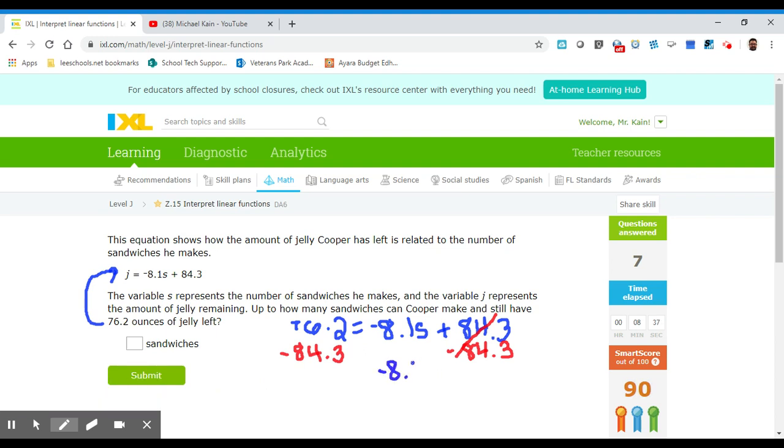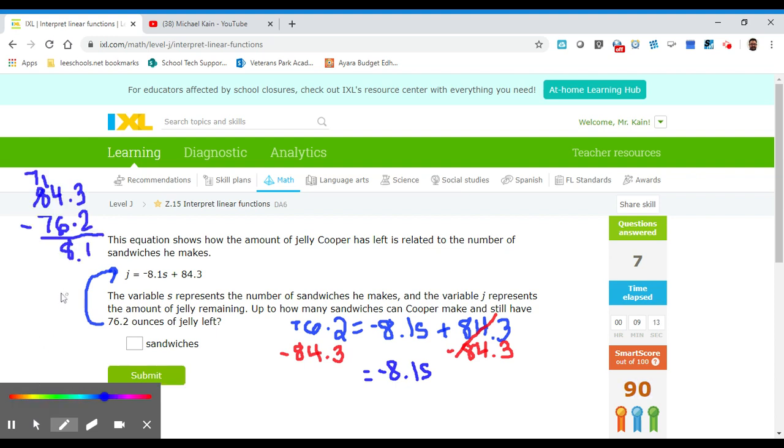I'm sure you would use a calculator here if you want to speed it up, but it's the same thing as 84.3 minus 76.2. So when you do that, it's going to be 8.1. And when we're picking the sign, remember, look at the numbers, ignore the signs for a second. This is 84.3, 76.2. 84.3 is a larger number, so we're going to steal the negative with it. So it's going to be negative 8.1.